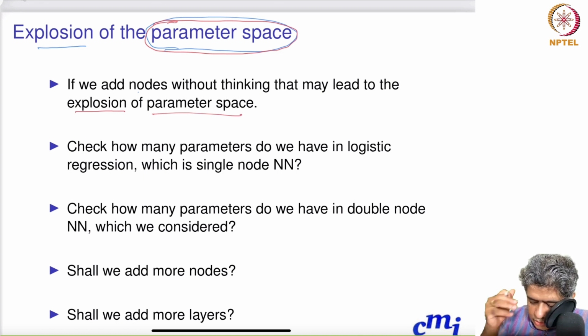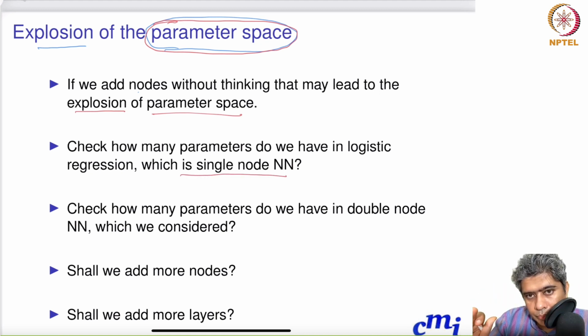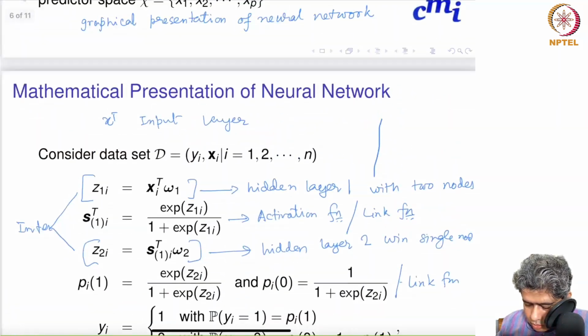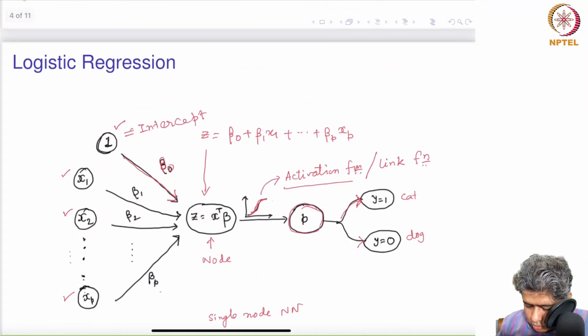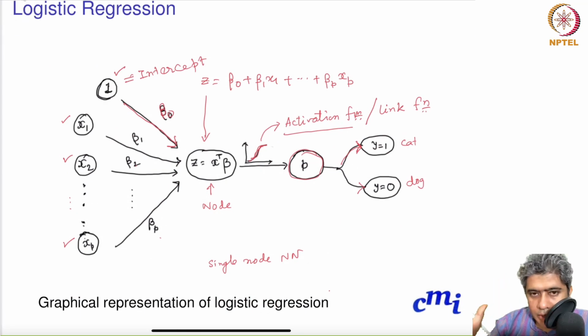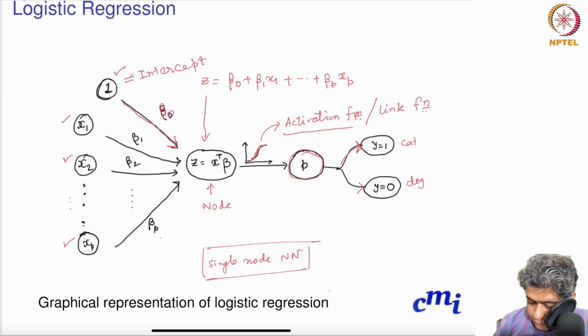Check how many parameters we have in logistic regression, which is a single node neural network. So stop the video for 5 minutes, go back to logistic regression. Let me just go back here, and how many parameters do you see in a single node neural network?